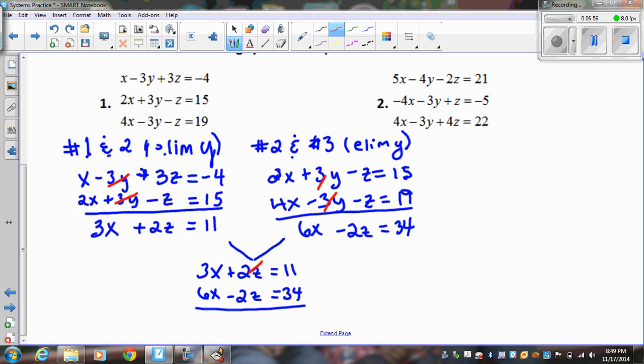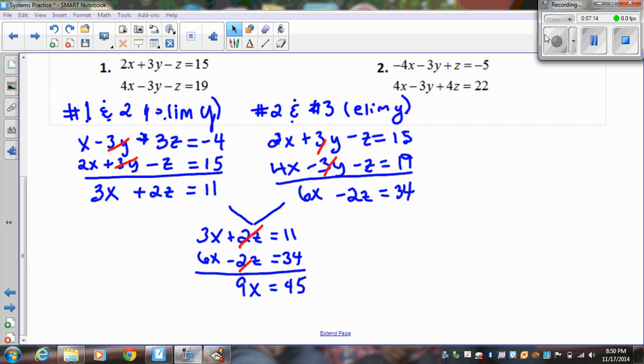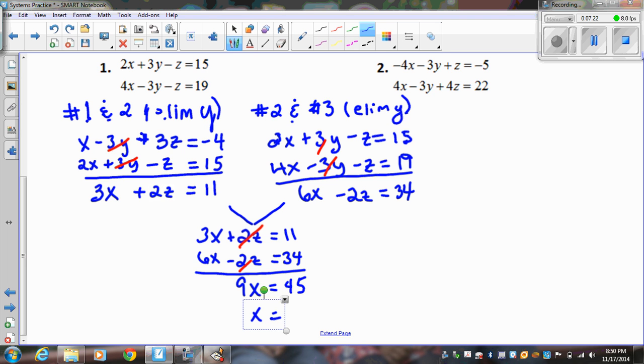Again, positive 2z, negative 2z eliminate each other. Combining 3x and 6x by addition is 9x. And then I've got 11 plus 34 is 45. This works quite nicely since 9 goes into 45, and therefore we know that x is 5.